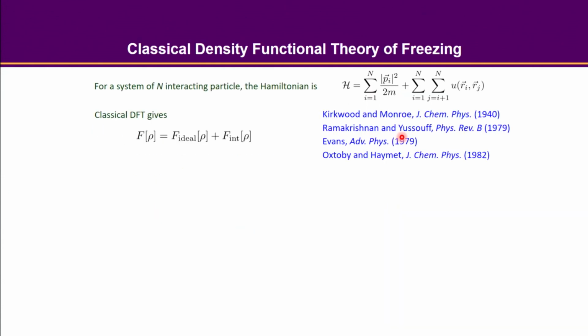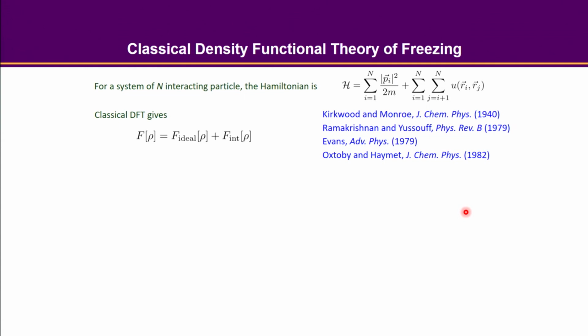Okay, all right. So the density functional theory of freezing can trace back to as early as 1940, but people started to use it to answer solid-liquid property questions around the 1980s.